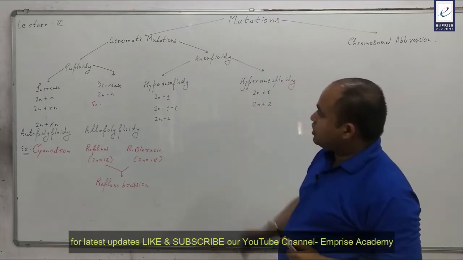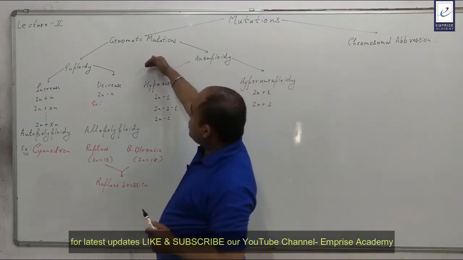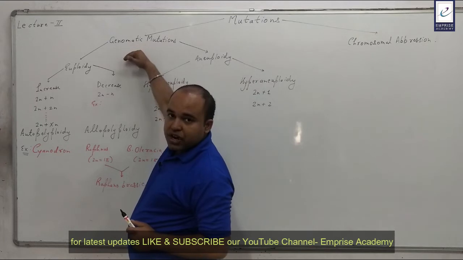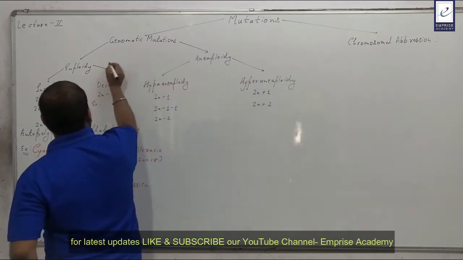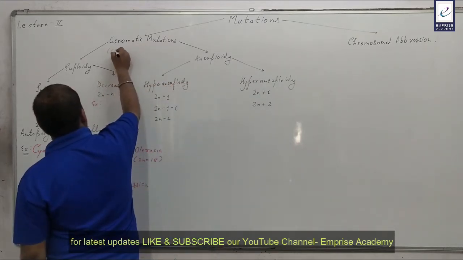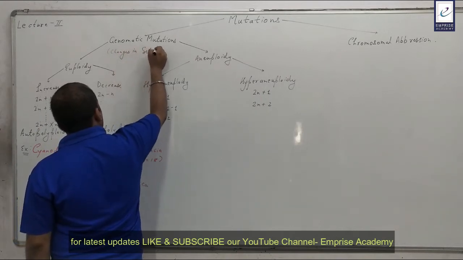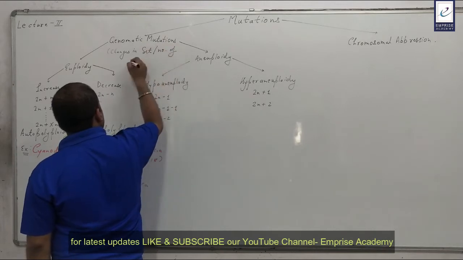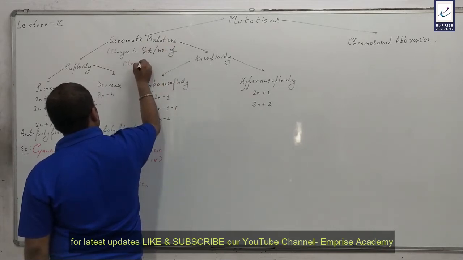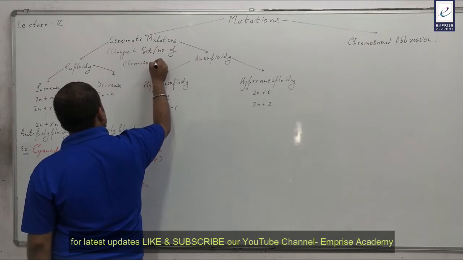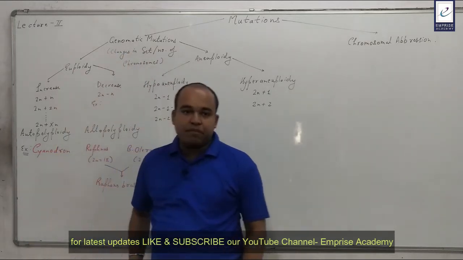Now, genomic mutations refer to changes in the set or number of chromosomes. This one was referred to as genomic mutations.